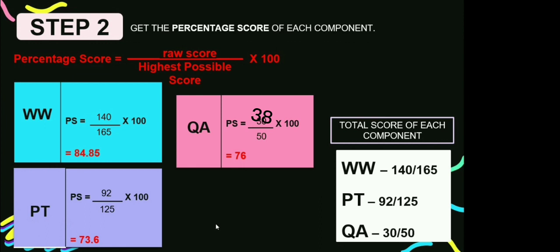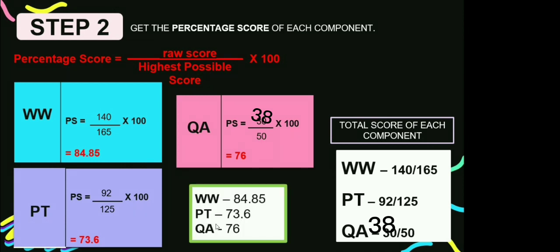Percentage score is equal to 38 divided by 50 multiplied by 100, which is equal to 76. To summarize, the percentage score for the written work is 84.85, for the performance task is 73.6, and for the quarterly assessment, we got 76.